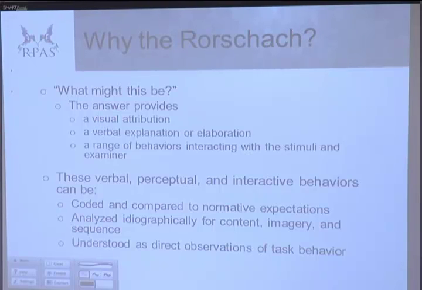That's the visual attribution. In the clarification phase, we get some explanation of how the person saw it, and we may get some elaboration also. This looks like a bat that's sort of on its last legs.